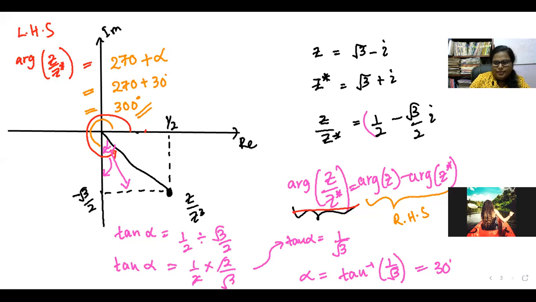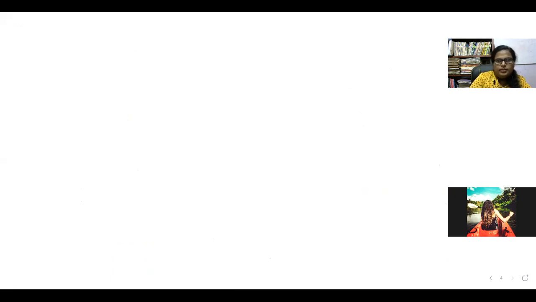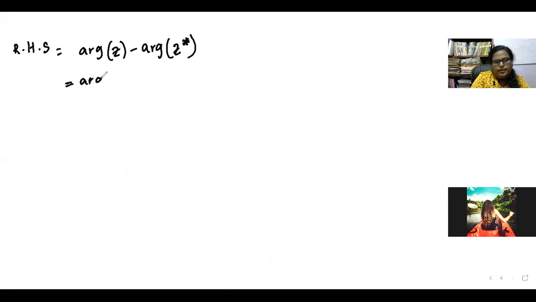Let me use another sheet here, right? So we have to show that this right hand side, arg z minus arg z star, right? So we can write this one as arg z, meaning square root 3 minus i, minus arg z star, meaning square root 3 plus i, right?